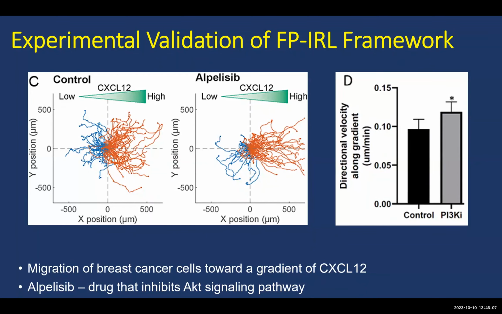Then if we do the same experiment that we showed before, and quantify the migration velocities toward the gradient, if we inhibit with alpelisib, we end up with more cells that move toward the gradient more effectively, so better directional migration. They have fewer cells that actually go in the wrong direction, which I think is quite interesting in and of itself, and they move faster.